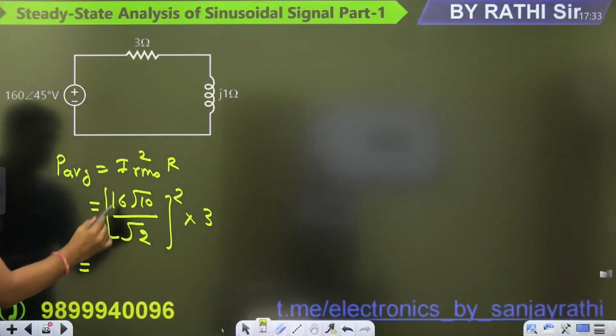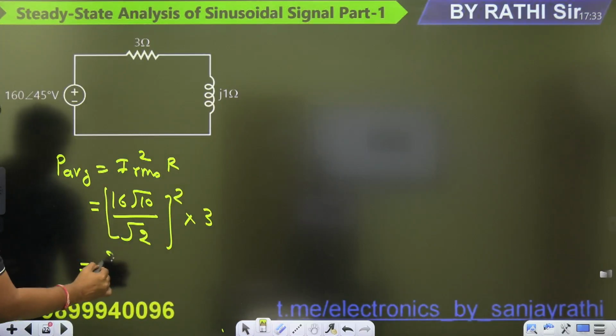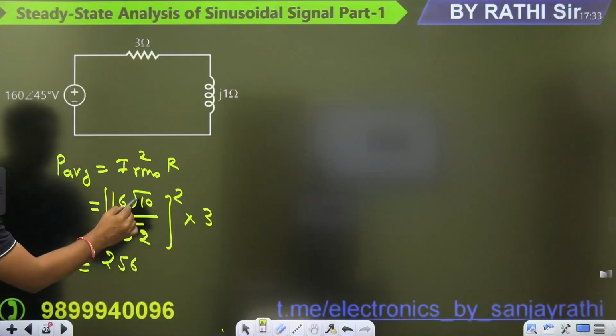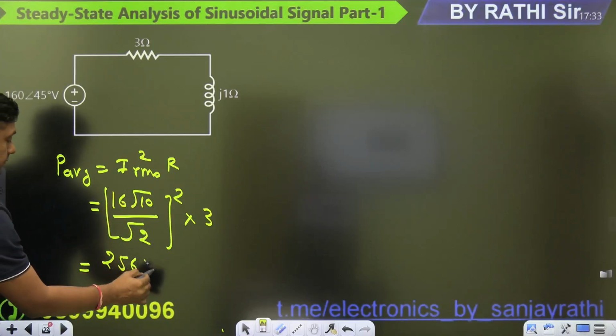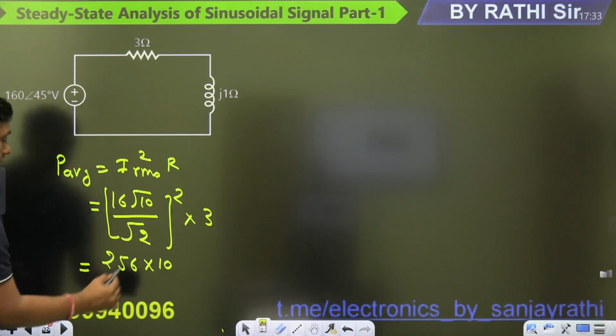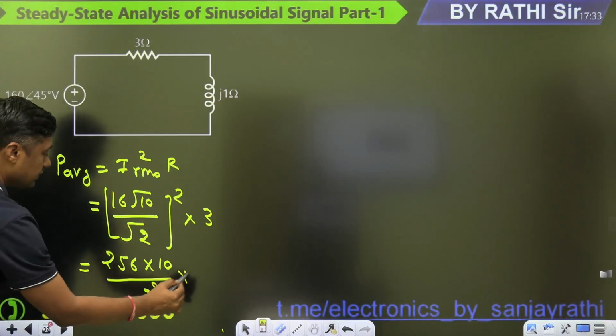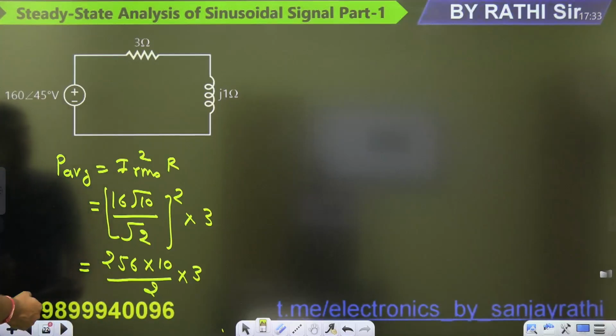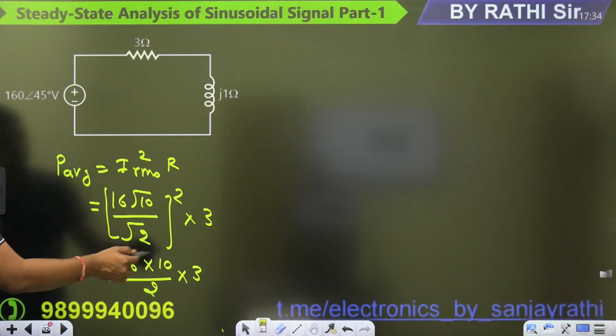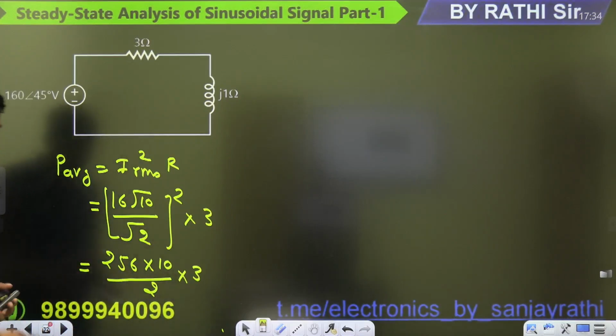So what is this? 256. What is the square of root 10? 10. What is the square of that? 2 into 3. So it will become 256 into 10 into 3, or you can multiply and you can find.